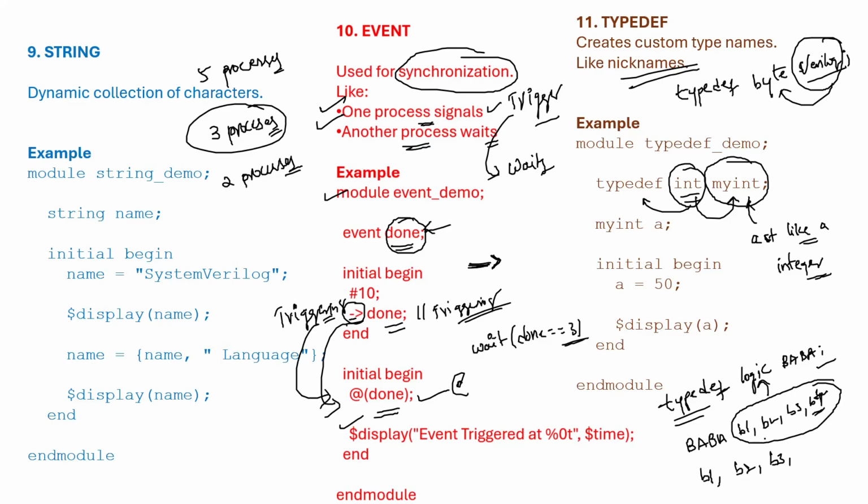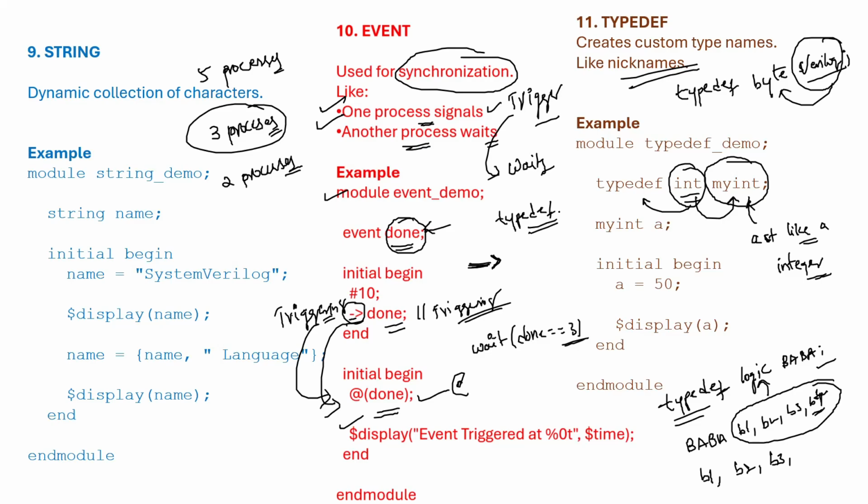That is the reason we are going for typedef. Typedef is a user defined data type. Whatever variables you are representing will act like some data type. Based on that, we can create n number of data types here. If you are confused about the data type names, then go for typedef.